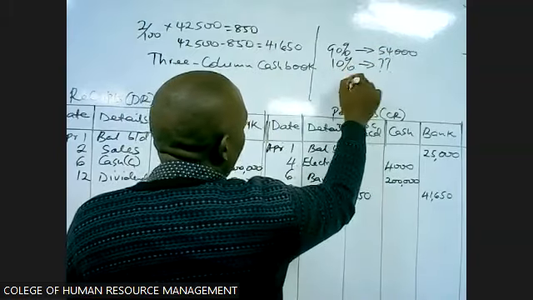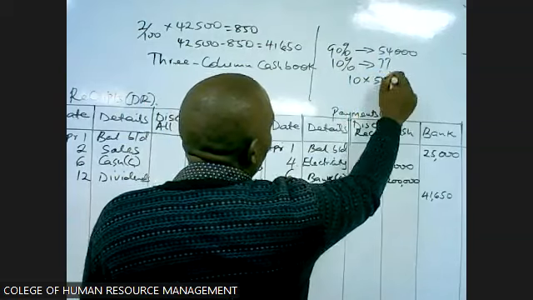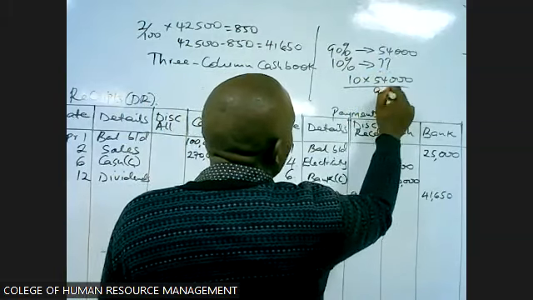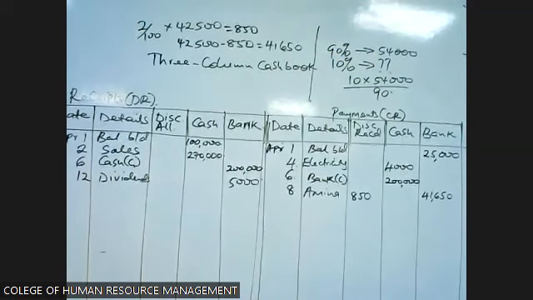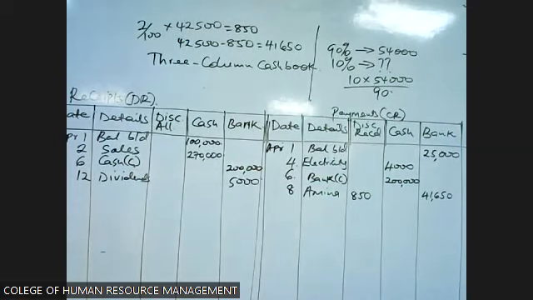You cross multiply: 10 times 54,000 divided by 90. She has deducted 6,000.